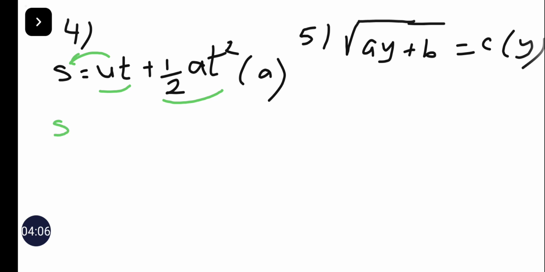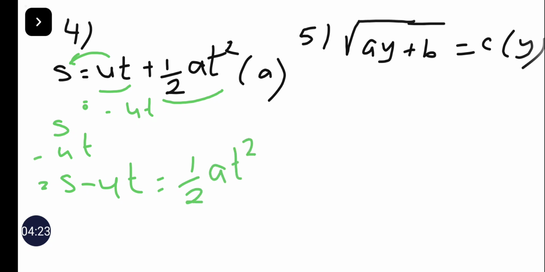If you are to remove it, you subtract UT on both sides. So we're going to have S minus UT is equal to half AT squared.